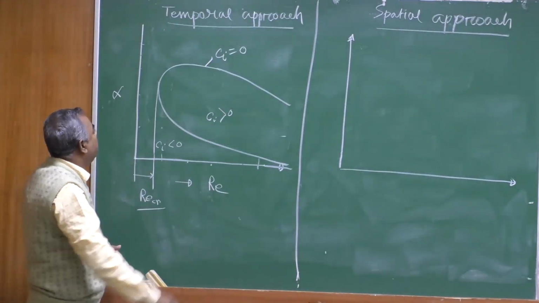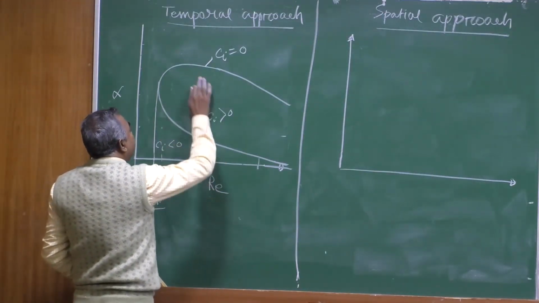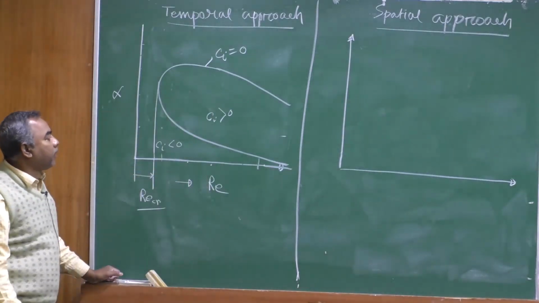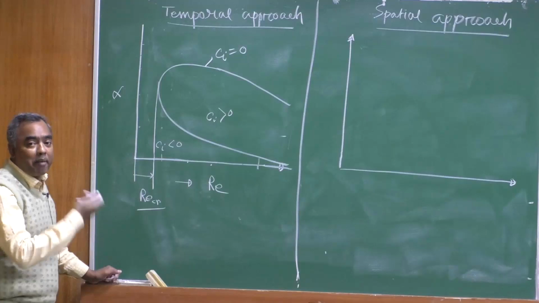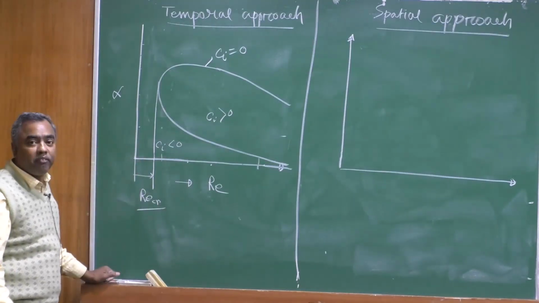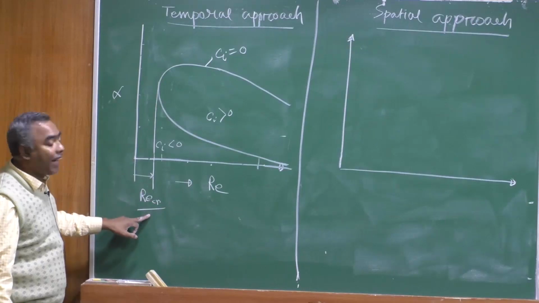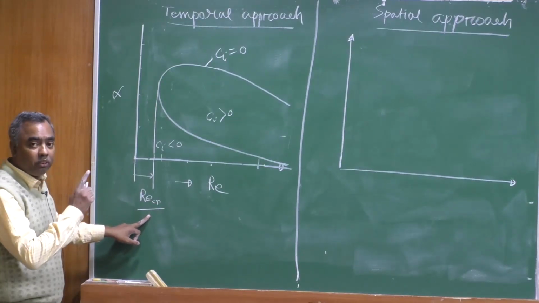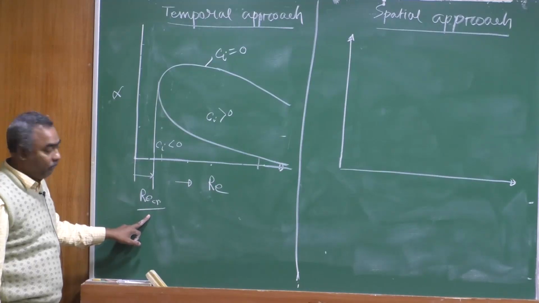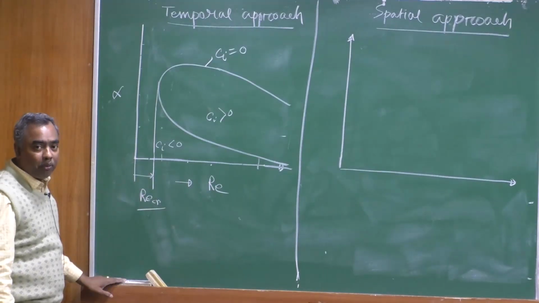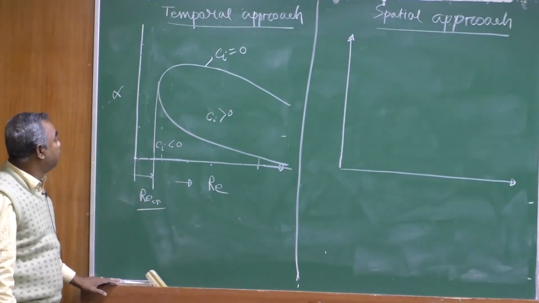So, that means that if you are within this zone, then your wave is going to grow with respect to time. Okay. So, this is the minimum critical Reynolds number, which can be found by solving this equation for a given velocity profile for a given flow. Okay. I have just taken an example of the boundary layer, with which I am most familiar.